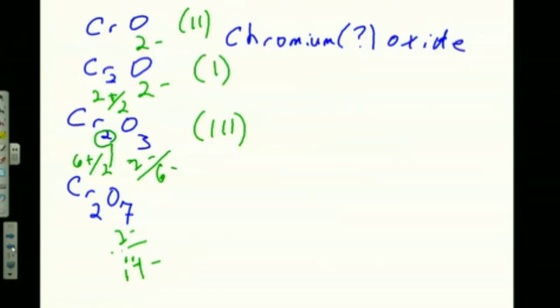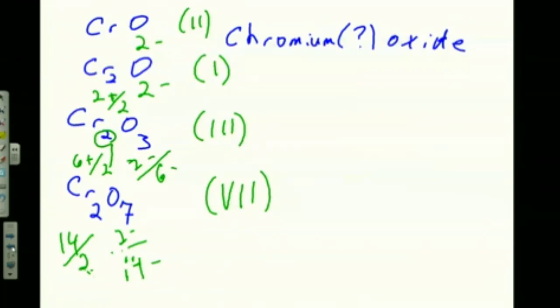I have to have 14 positive charges. But I have 2 chromiums. But I don't know what the charge is here, so I have to divide. So this is chromium 7 oxide.